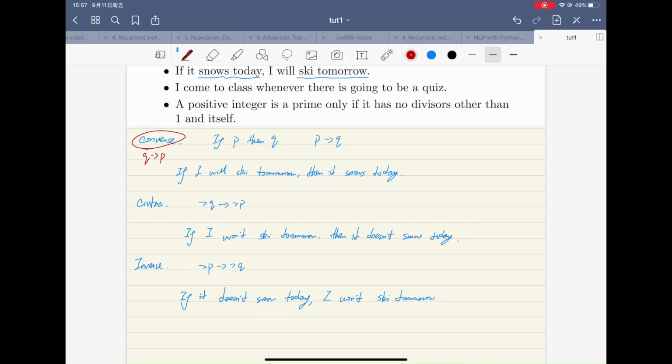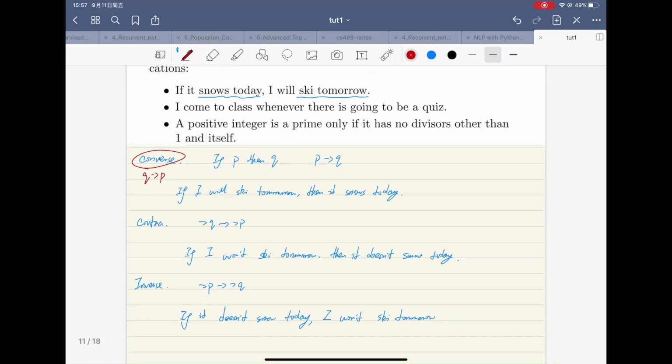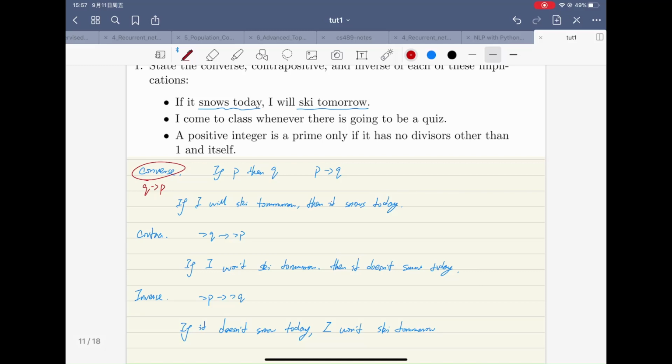All right, let's move to the second one. I come to class whenever there is going to be a quiz. This one is a little bit complicated, but similarly, we need to find the hypothesis and conclusion first. So, what is P and what is Q in this case? You should see the same statement in the lecture that I used, whenever.